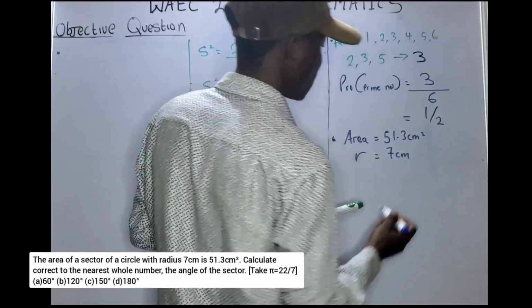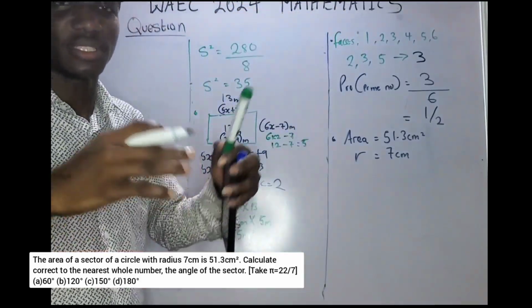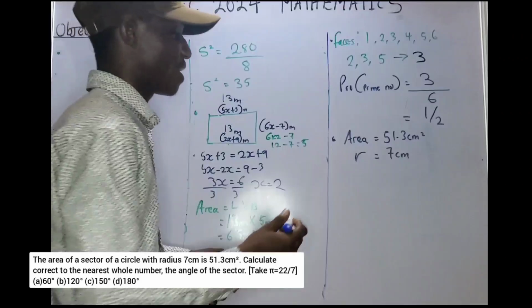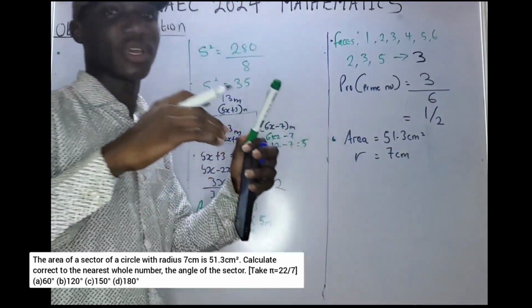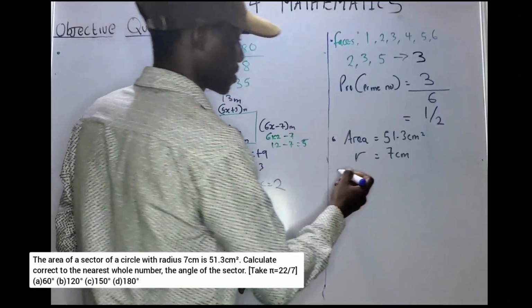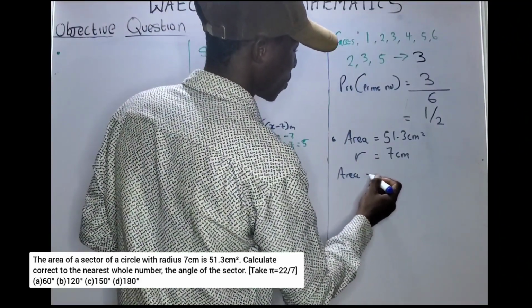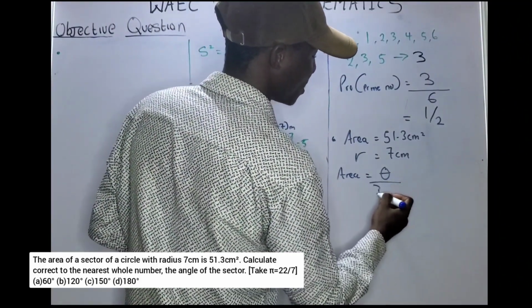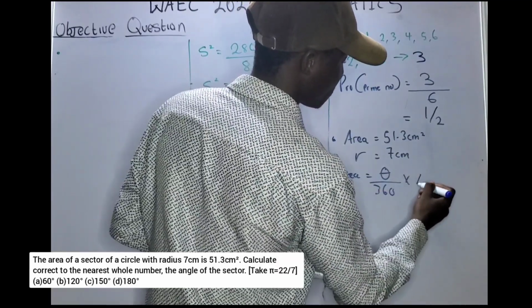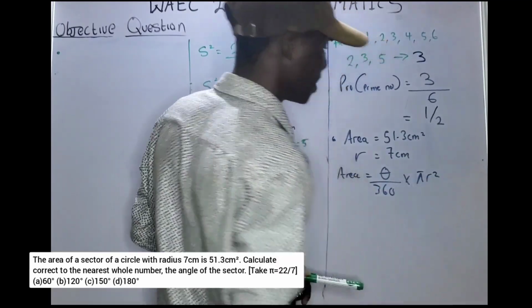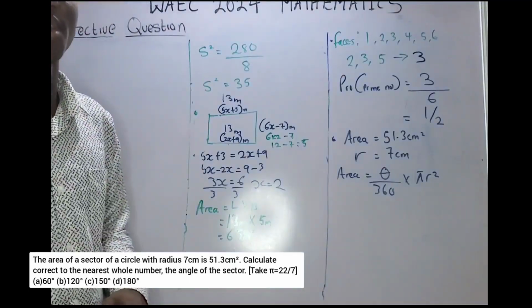Now, to calculate the angle that the sector makes, we are going to use the formula for the area of a sector. Area of the sector is equal to theta over 360 multiplied by pi r squared. This is the formula for calculating the area of a sector.